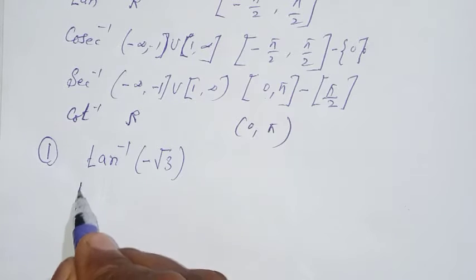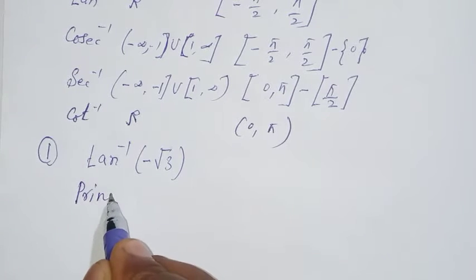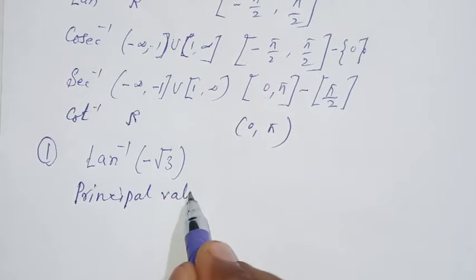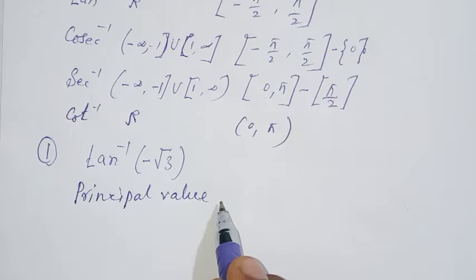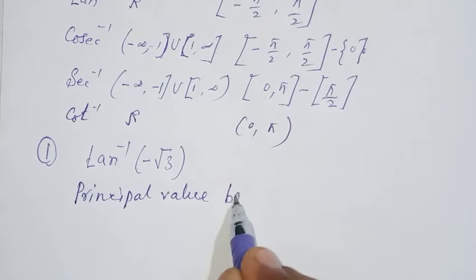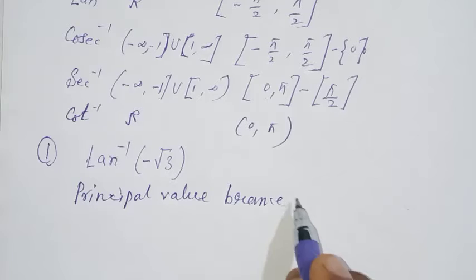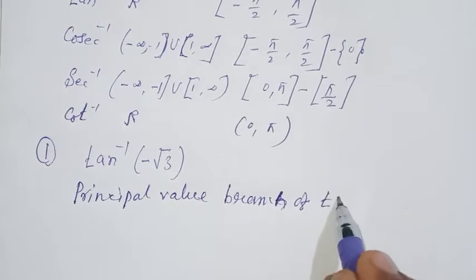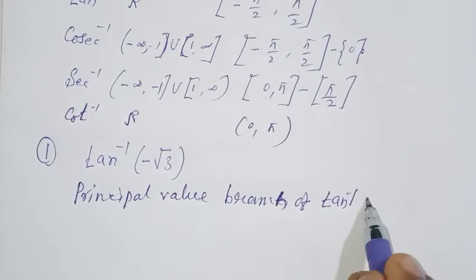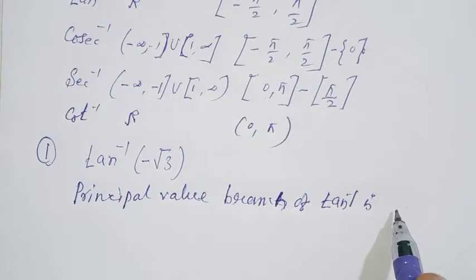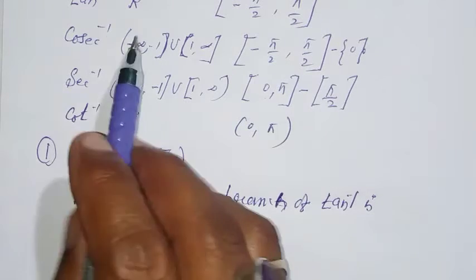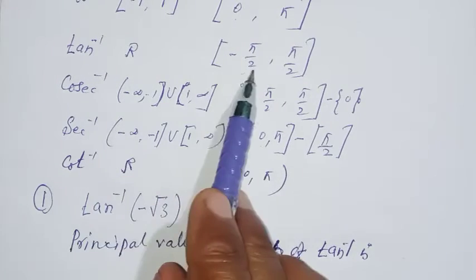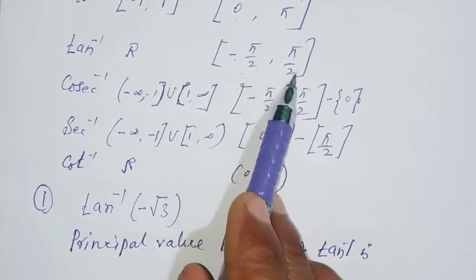It is already seen here: minus pi by 2 to pi by 2.